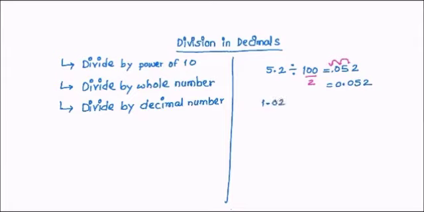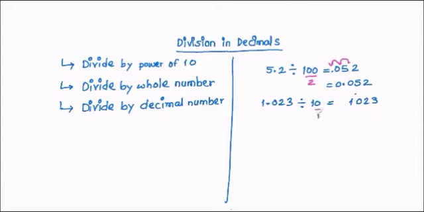Let's take one more example. 1.023 divided by say 10. So that is equal to the step 1, we will write the dividend as it is. So 1023. We will take the decimal point as a reference. Now count the number of zeros in the divisor.